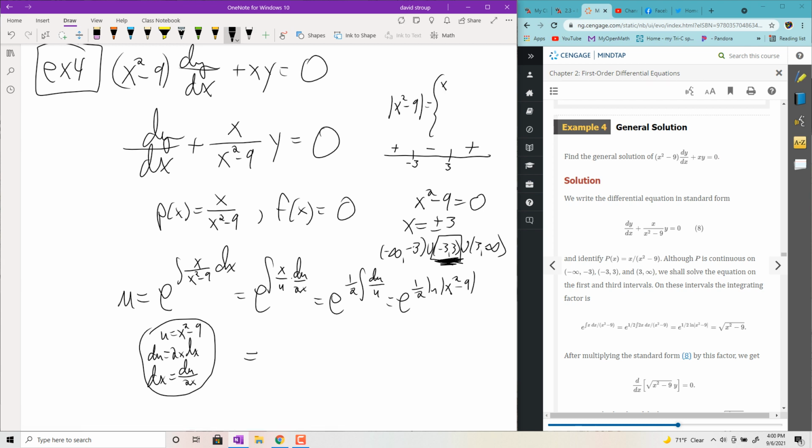So it's x squared minus 9 when x is less than negative 3. It'll be negative x squared minus 9 when x is in between negative 3 and 3. Oops, let's put the positive 3 on that side. And then it'll be x squared minus 9 again when x is greater than 3.